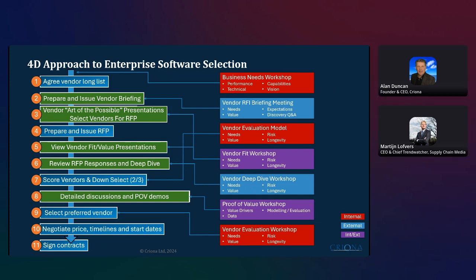Okay, so we then go through the RFP, which is still again around needs, value, risk, and longevity. But we bring the vendors in, and they approach this by saying, here's how we fit to your requirements. Here's the value that we can bring out. These capabilities will extract value from your business in this way.